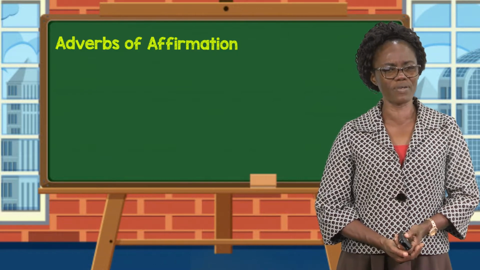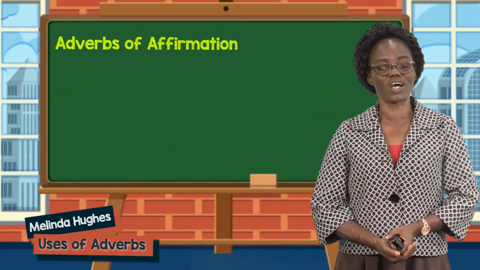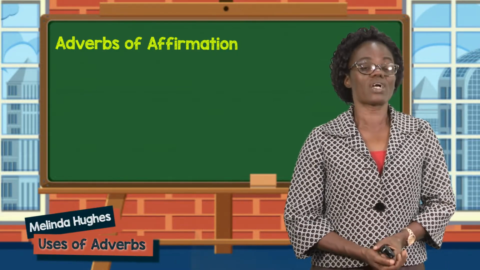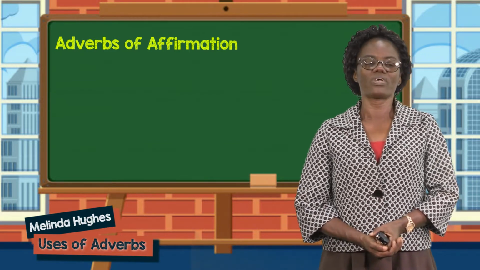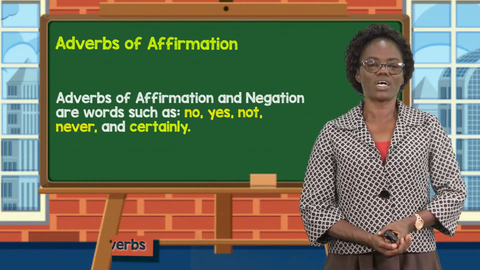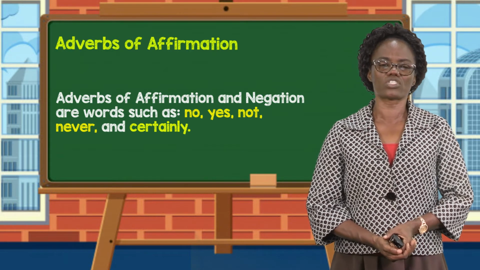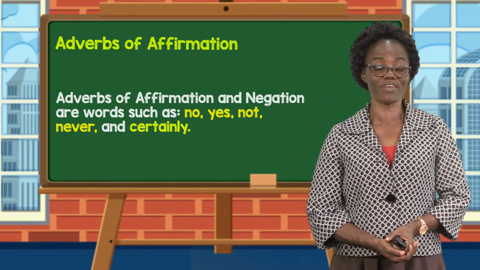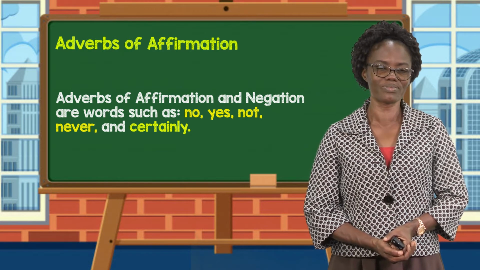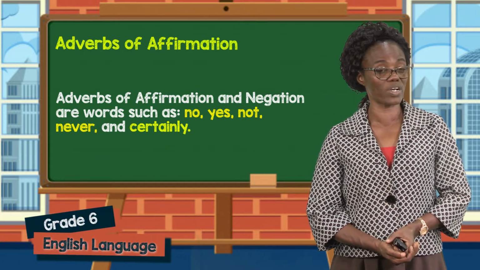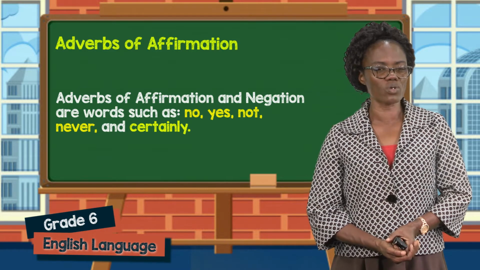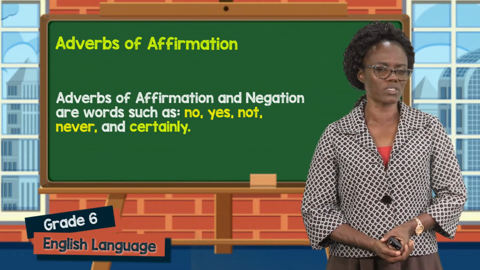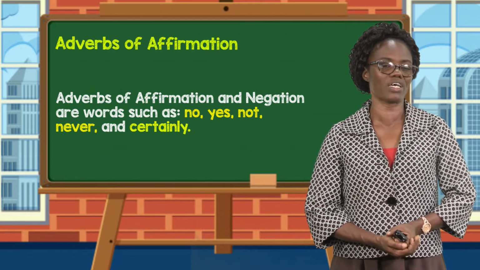Then we have the adverbs of affirmation. What are adverbs of affirmation? Adverbs of affirmation and negation are words such as no, yes, not, never, and certainly. So we have those types of adverbs too. Of course, they do not answer any question, but they are specific and direct.